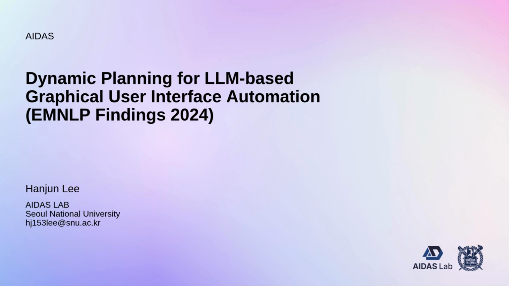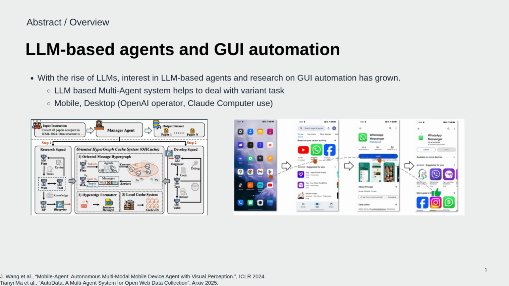Today I'm going to share dynamic planning for LLM-based graphical user interface automation, which was presented at EMNLP Findings 2024. With the rise of LLMs, interest in LLM-based agents such as multi-agents, and research on GUI automation, has grown.